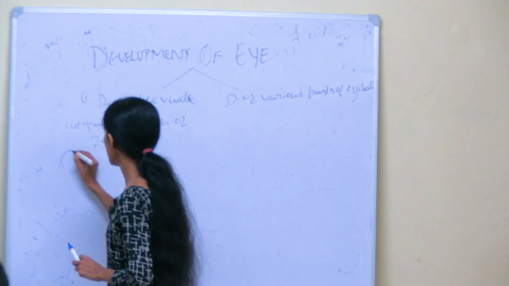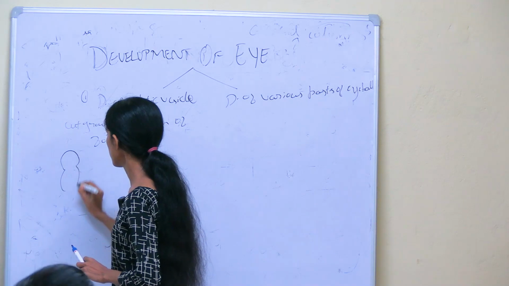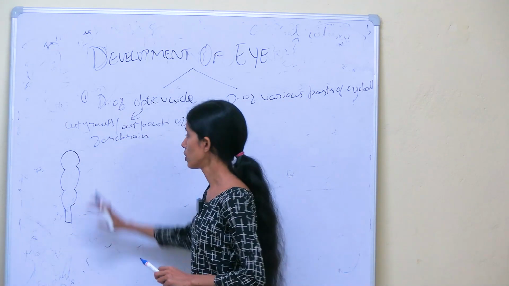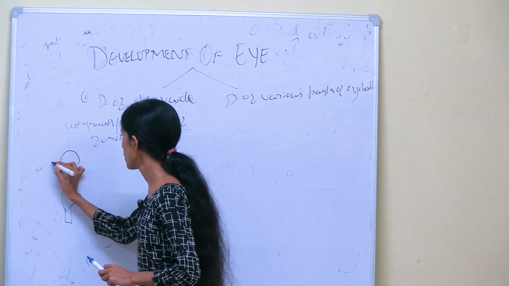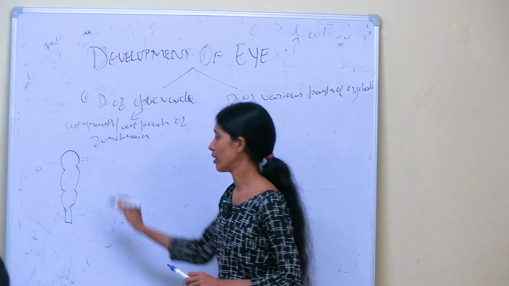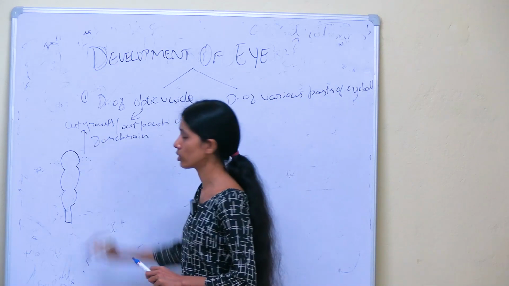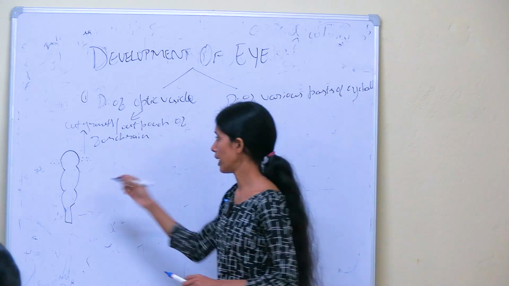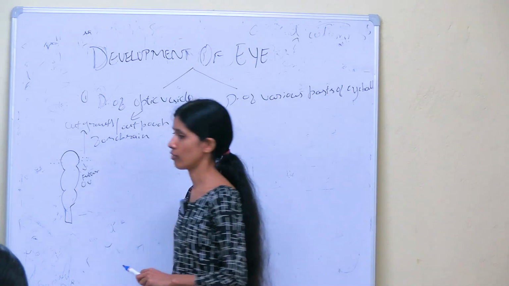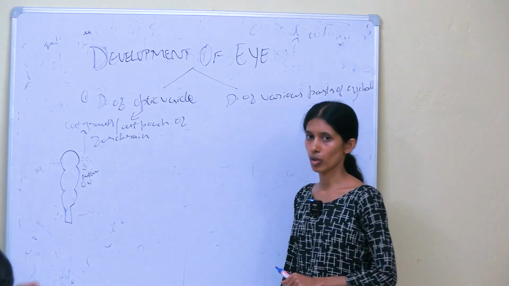So this is your prosencephalon, mesencephalon, rhombencephalon and spinal cord part, right? Here in this region we can see some outgrowth, which will later develop into your future optic vesicle.